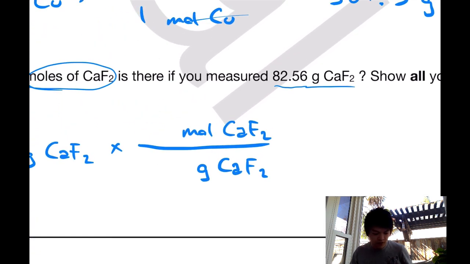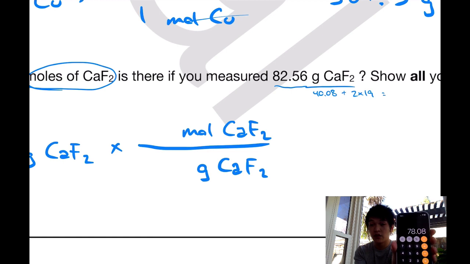Let's see, 1 calcium is 40.08. And then 2 fluorines, 2 times 19. What does that equal? This is the molar mass of calcium fluoride. 78.08 grams per mole.